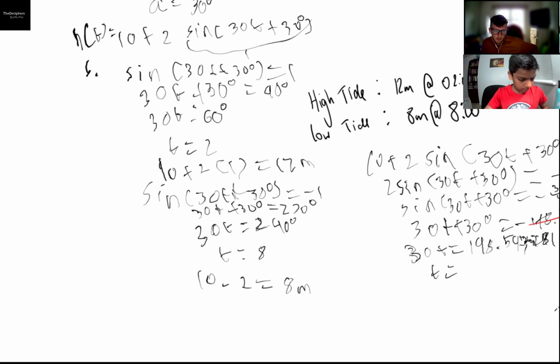So t is 9.38 plus or minus 12n, and 6.62 plus or minus 12n.